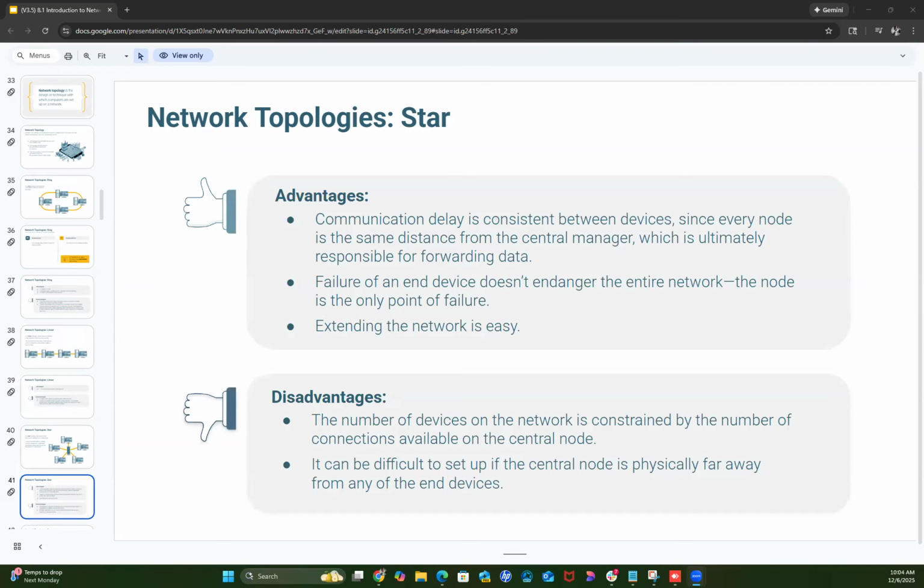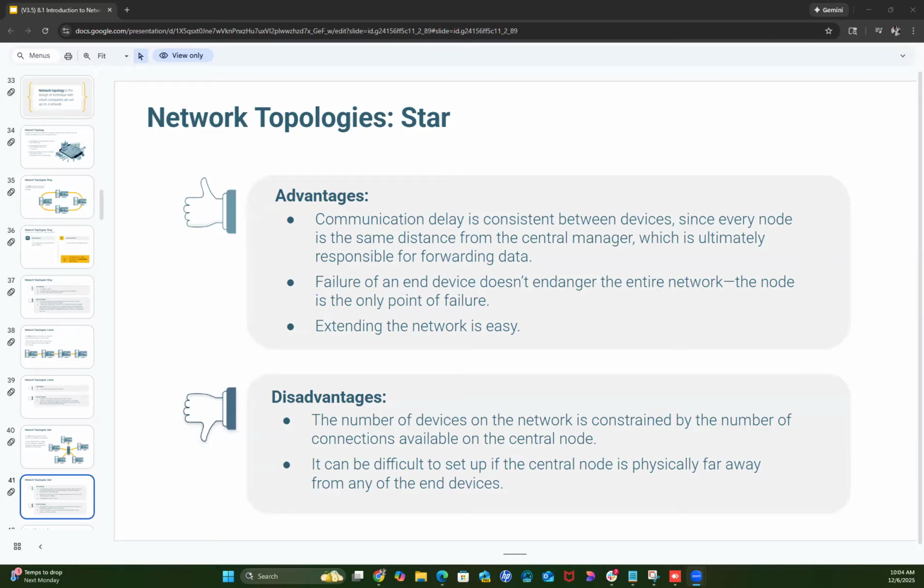Communication delay is consistent between devices since every node is the same distance from the central manager, which is ultimately responsible for forwarding data. Failure of one end device does not affect the entire network. The central node is the only point of failure. And another is extending the network is easy.